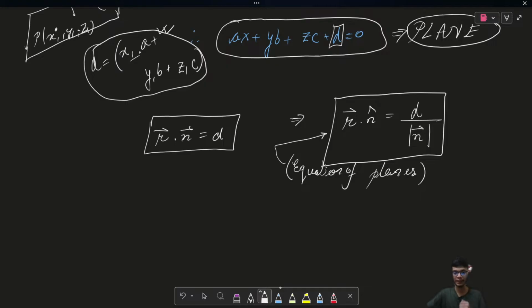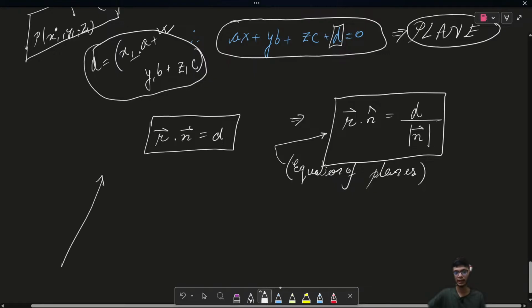However, another interesting equation of plane: you must have already studied the concept of the parallelogram law of vector addition, right? So let us say I take two lines which denote the corresponding edges of my parallelogram.